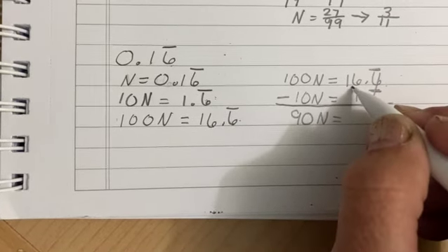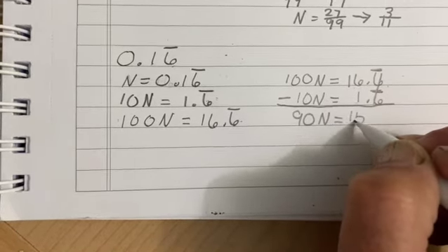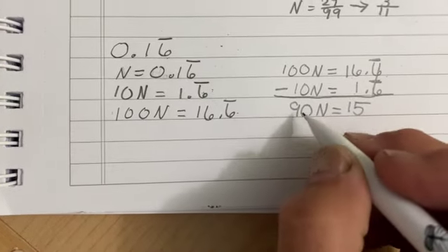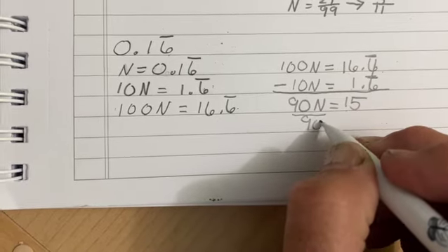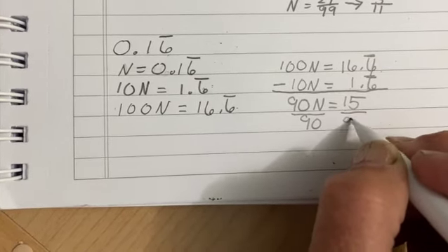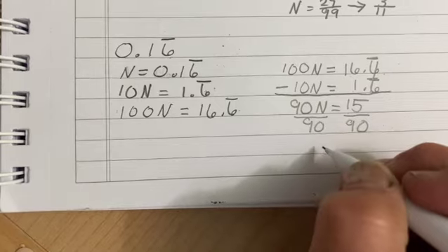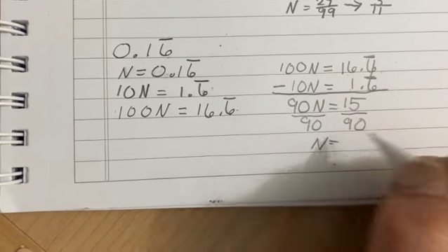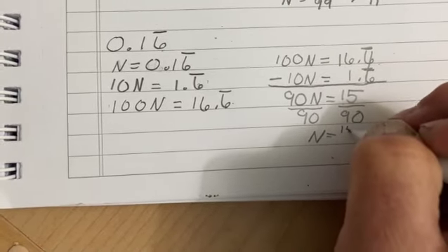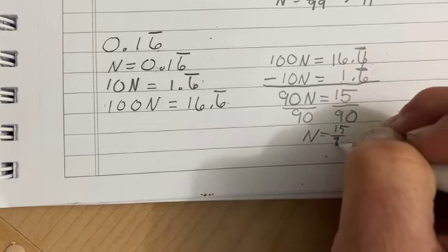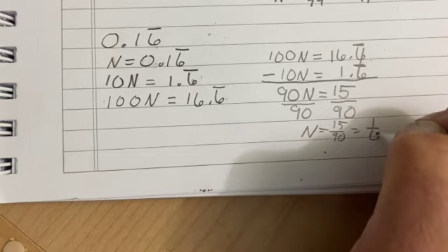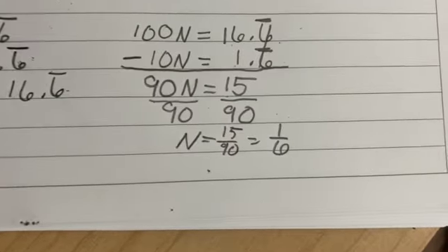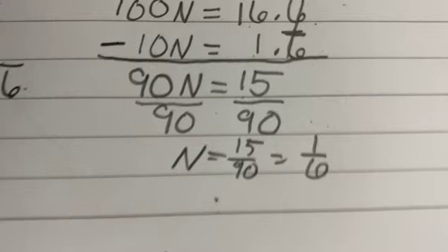Now I have 16 minus 1, which is 15. Again, you solve for n, so it's going to be dividing by 90 on both sides. So n equals 15 over 90, and 15 goes into 90 six times, and 15 goes into 15 once, so 0.16 repeating is equal to 1/6.